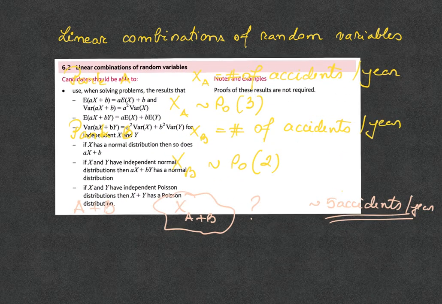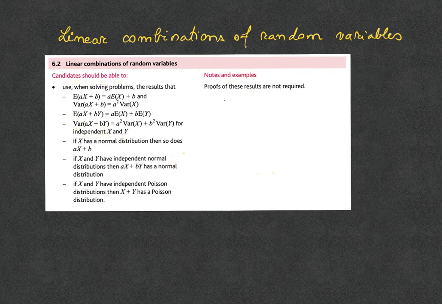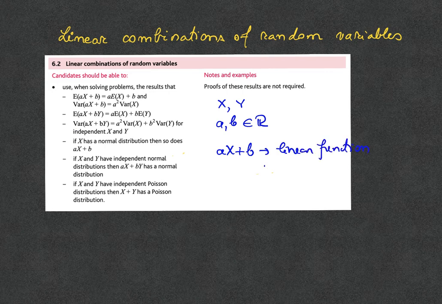The learning objectives of this unit are here. X and Y are random variables, and a and b are real numbers in the notations on the left hand side. aX plus b is a linear function of a random variable.